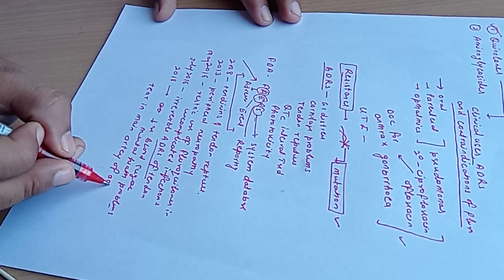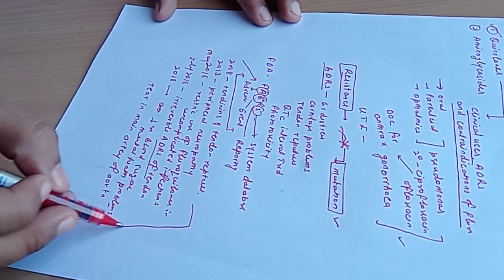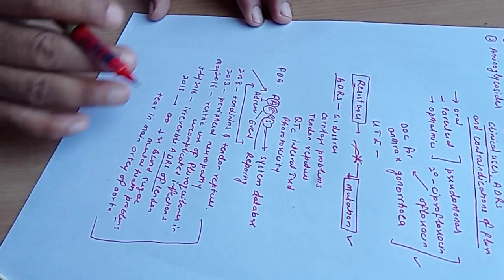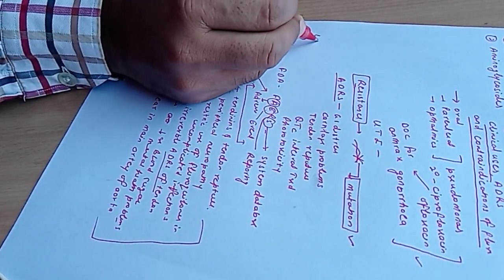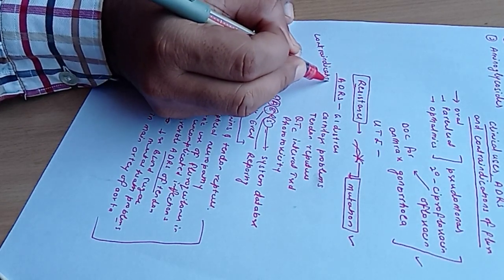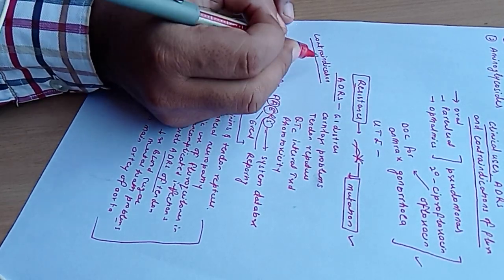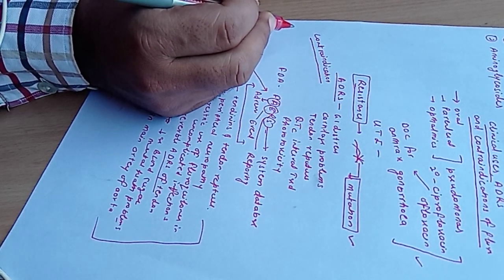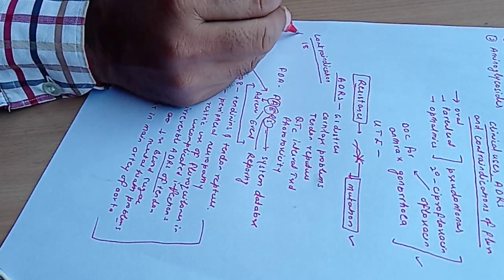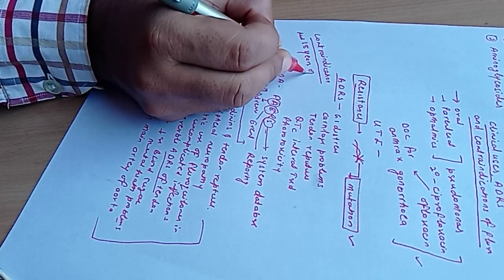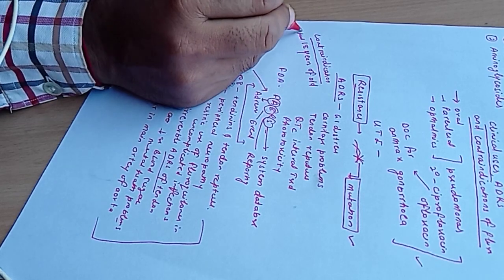So these are the various ADRs associated with the use of fluoroquinolones, and now the contraindications. These drugs are contraindicated due to tendon ruptures. They are avoided in children less than 18 years old.